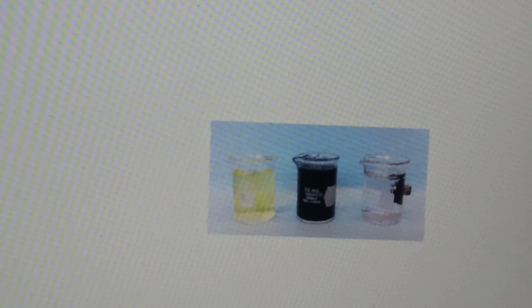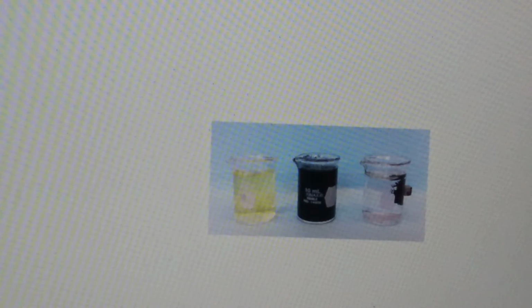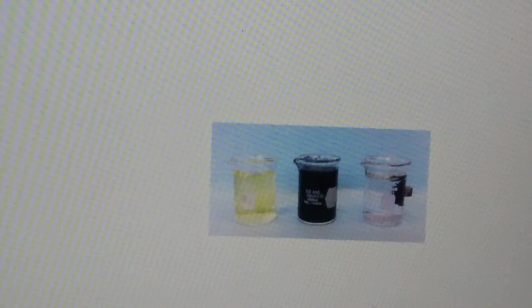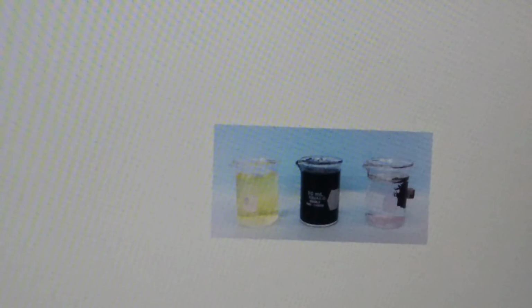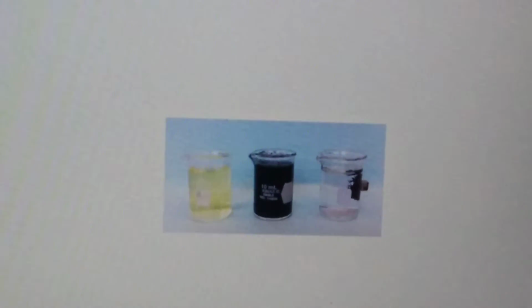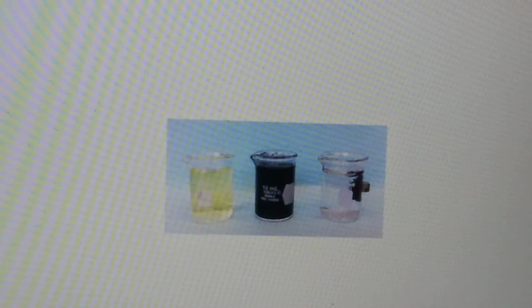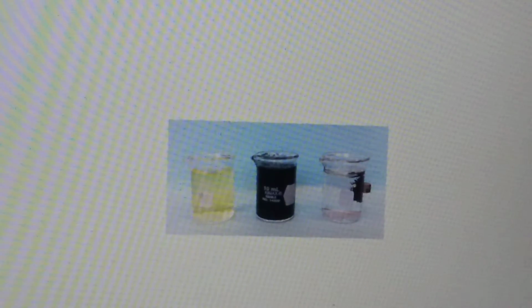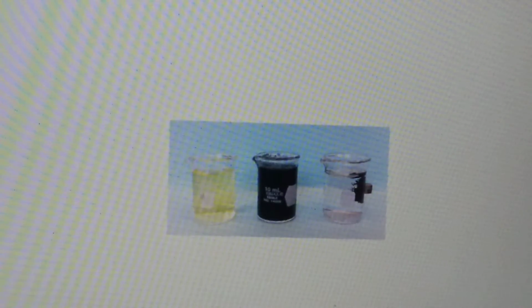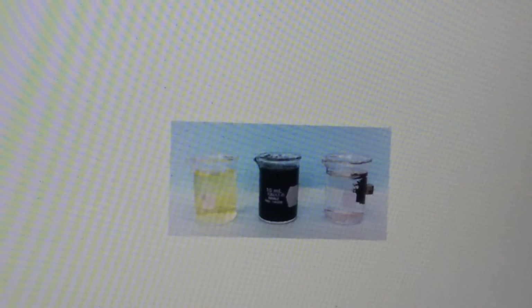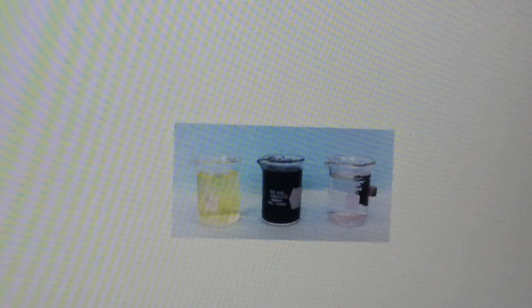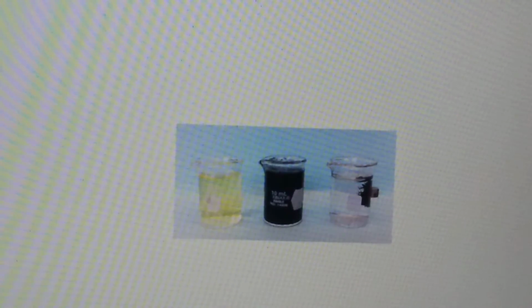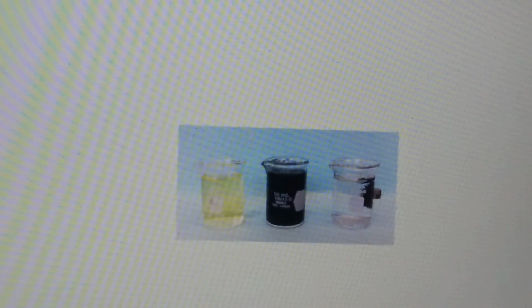Next one is activated charcoal. When we pour some of the charcoal into the third beaker, the sugar solution, the charcoal adsorbs the solutes, and the sugar is a solute. It adsorbs all the solute and leaves the solvent, the water.